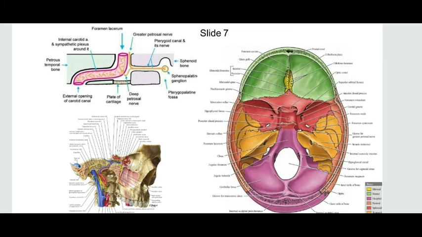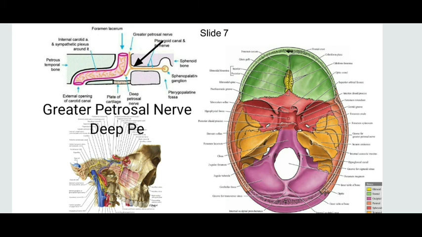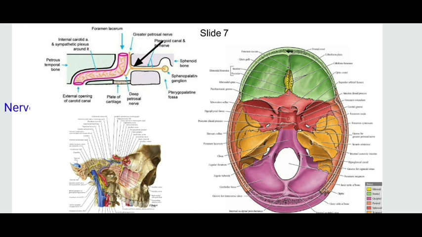In the anterior part of the foramen, the greater petrosal nerve unites with the deep petrosal nerve to form the nerve of pterygoid canal or Vidian's nerve, which leaves the foramen by entering the pterygoid canal located in the anterior wall of foramen lacerum.